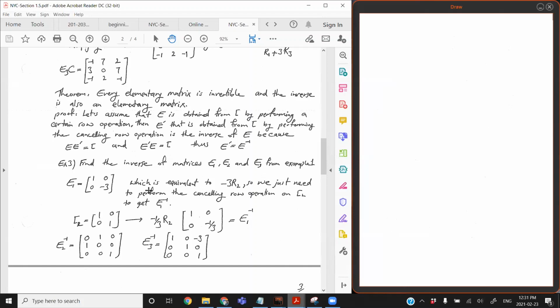And the inverses of these elementary matrices are also elementary matrices. So that's the theorem. It has a very easy proof. Let's assume E is obtained from I by performing a certain row operation. Imagine that you perform that row operation on I, and you get E.